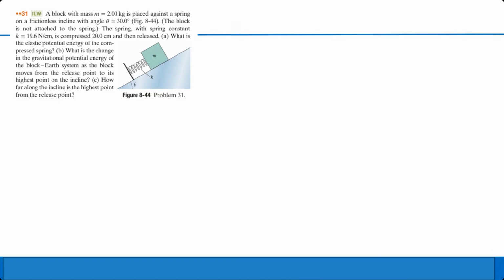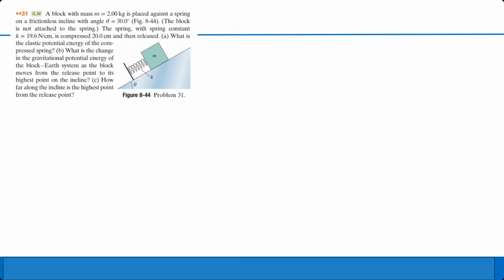So here we have a block with mass m equals 2 kilograms. It is placed against a spring on a frictionless incline with angle theta equals 30 degrees. The block is not attached to the spring, so it might leave the spring. The spring has a spring constant 19.6 newtons per centimeter.